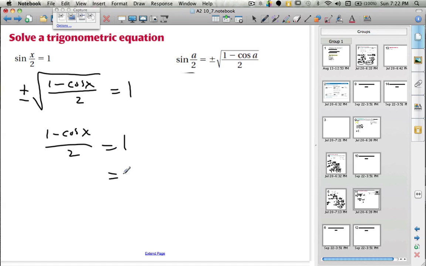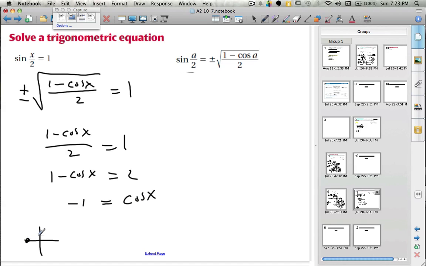If I multiply both sides by 2, I have 1 minus the cosine of x. If I subtract 2 and add cosine of x, I have cosine of x is equal to negative 1. So where does the cosine of x equal negative 1? Well, cosine is related to x.